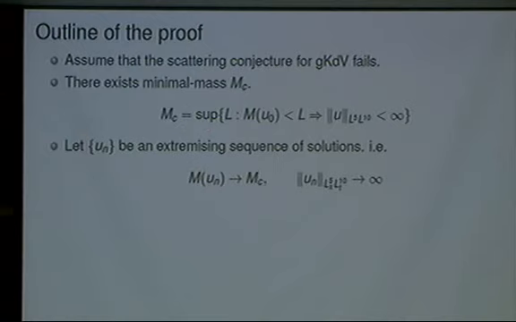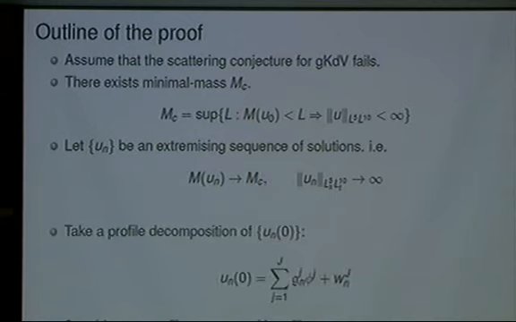By this definition, we can find a sequence of solutions with bounded mass, where M of u_n is converging to M_c, but their space-time norm is going to infinity. Then we show that u_n is convergent modulo symmetry, by taking a subsequence.